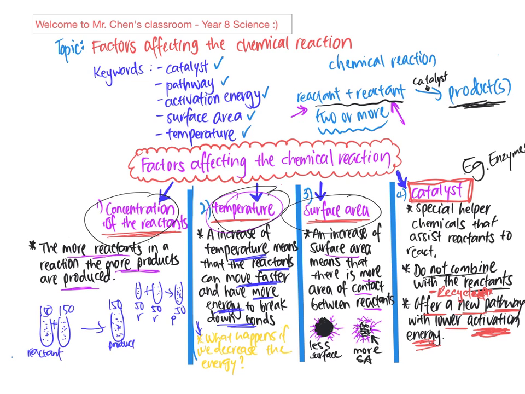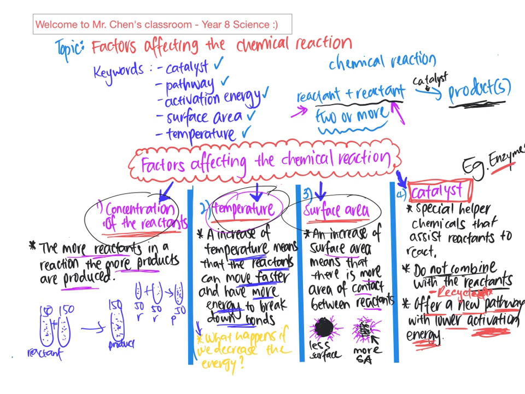That means it has to hit the activation energy to get the reaction going. If it doesn't hit the activation energy, you're not going to get any reaction, even if the two reactants are compatible. So what a catalyst does is offer a new pathway with lower activation energy, which makes it even easier. So instead of, let's say, requiring 50 degrees before it can react, now it brings it down to 30 degrees. Imagine that, it's going to speed up so much.